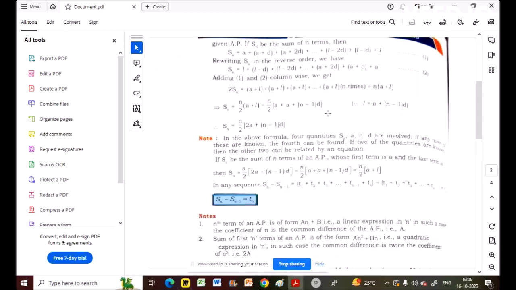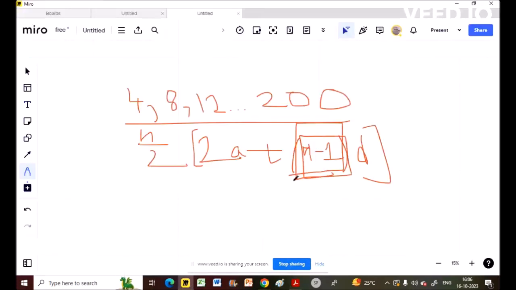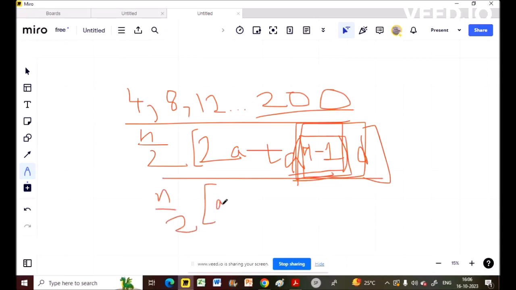See here, the last term is 200, so a plus n minus 1 into d is 200, right? Can we write this as n by 2 into a plus n minus 1 into d? What is this?